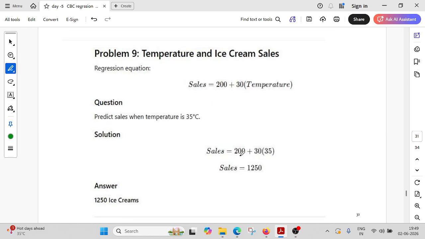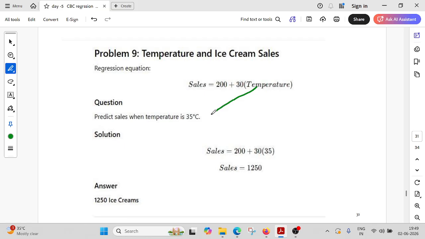The 9th data set is temperature and ice cream sales, which is very relevant now that we are suffering through summer. The regression equation is sales equals 200 plus 30 into temperature. This is y equals a plus bx, where a is 200 and b is 30.